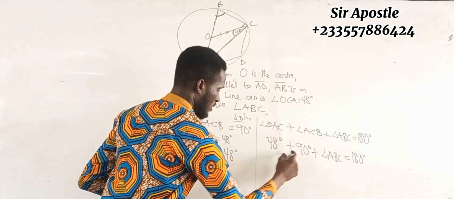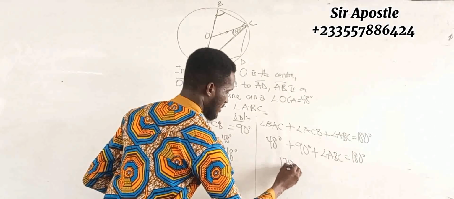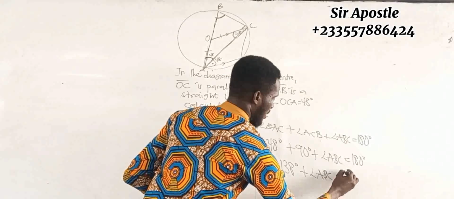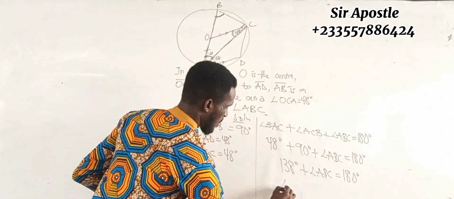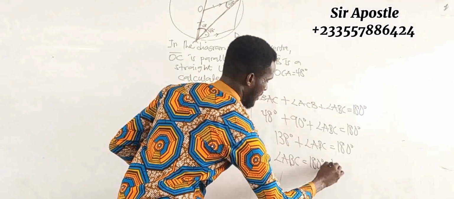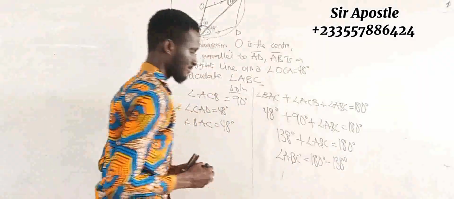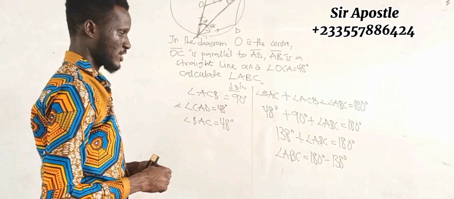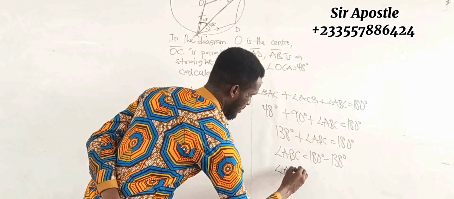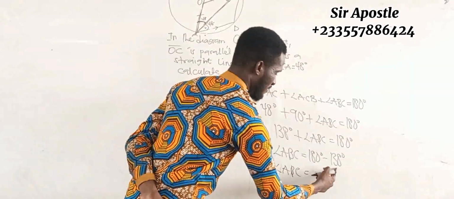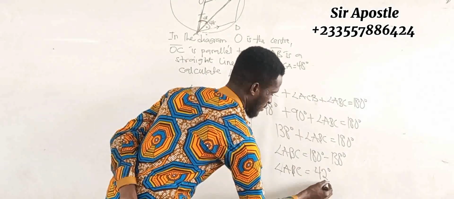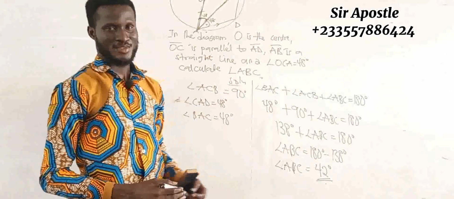So when we add these, I get 138 degrees plus angle ABC equals 180 degrees. So angle ABC is 180 degrees minus 138 degrees. We just have to subtract. When I take this from this, I get 42 degrees. So this is the answer for angle ABC.